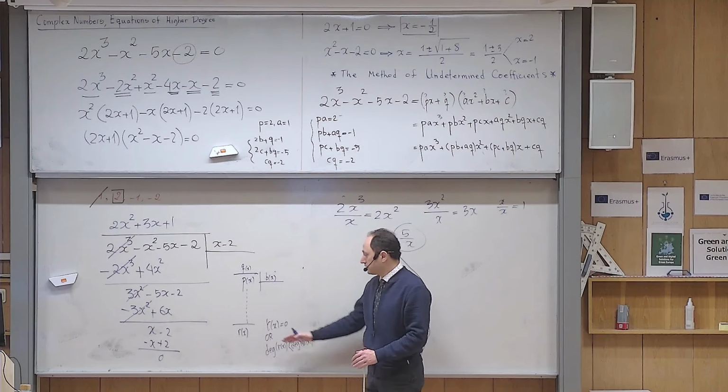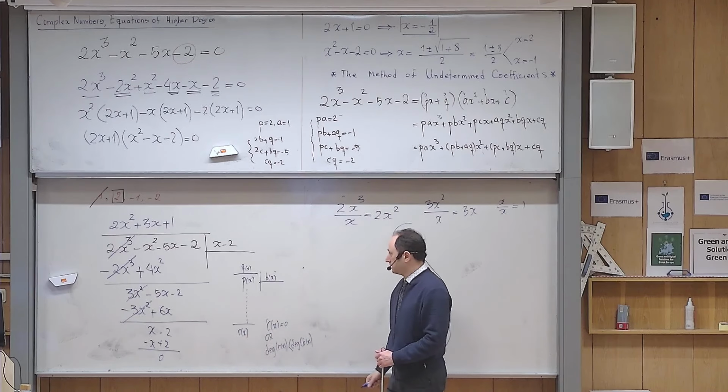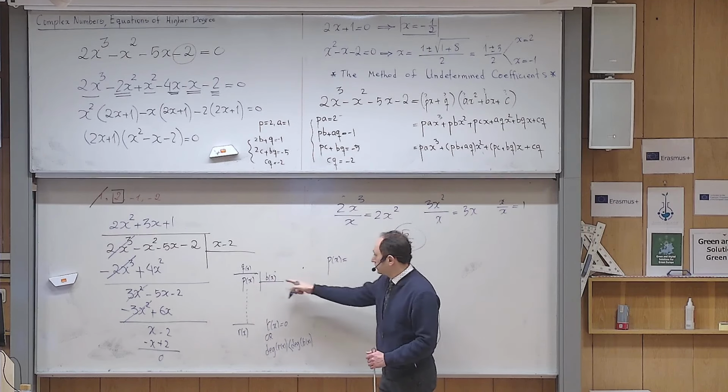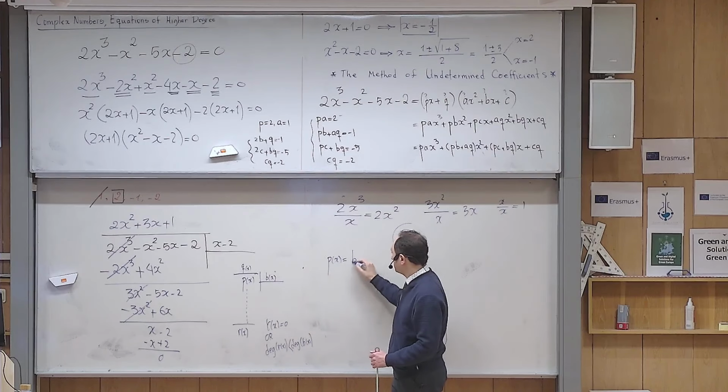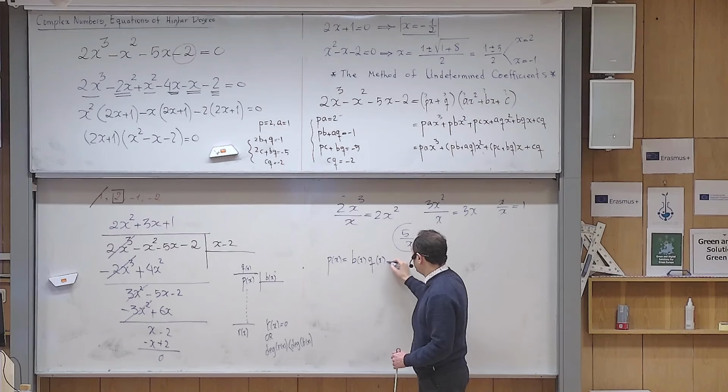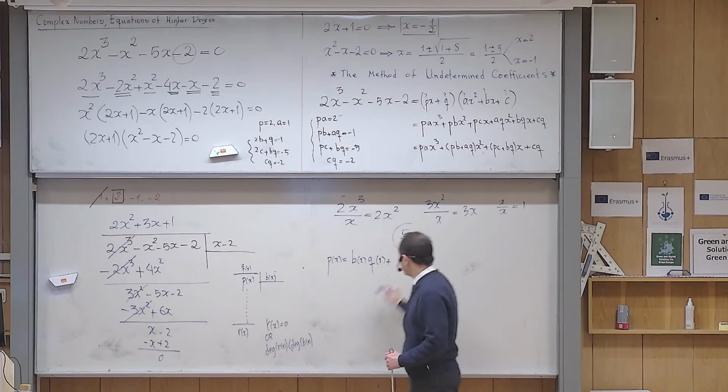Whenever this happens, you stop the algorithm, and then it can be shown that this original polynomial is equal to this polynomial that you had in the beginning, multiplied by that polynomial that you found up there, plus the polynomial that you get here.